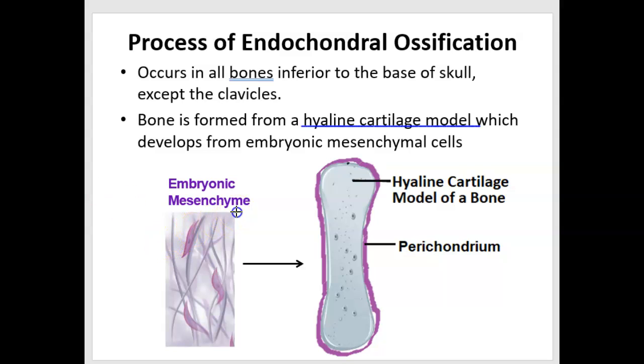They develop from the same embryonic mesenchyme that we looked at before. Development is quite complex. Everything is very amorphous to begin, and there are many different stages of development or differentiation. So this hyaline cartilage model of each bone is surrounded by a connective tissue layer called the perichondrium.